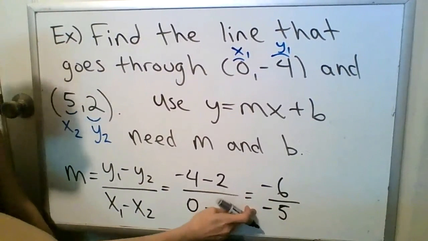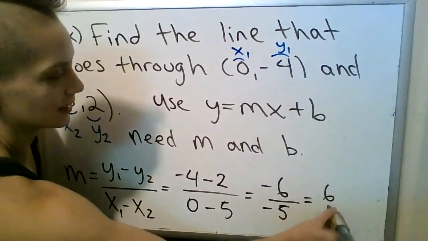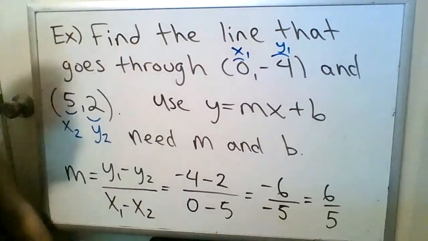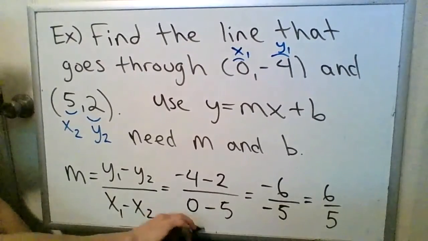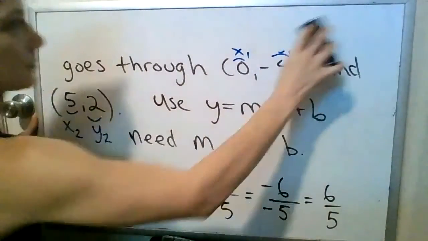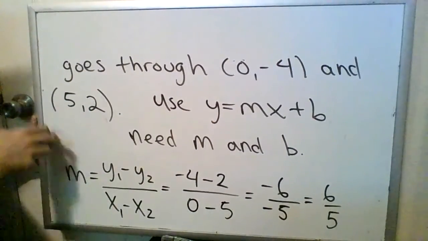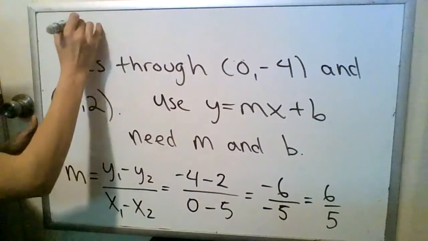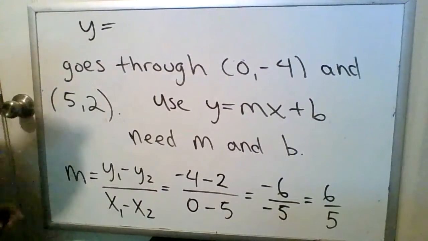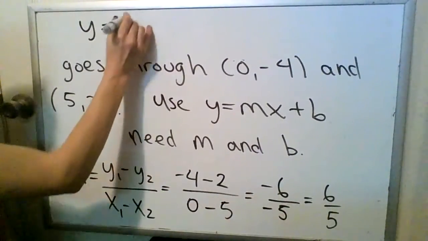And that negative with that negative makes this a positive 6/5. Okay, we've got the slope. y equals 6/5 x plus b.